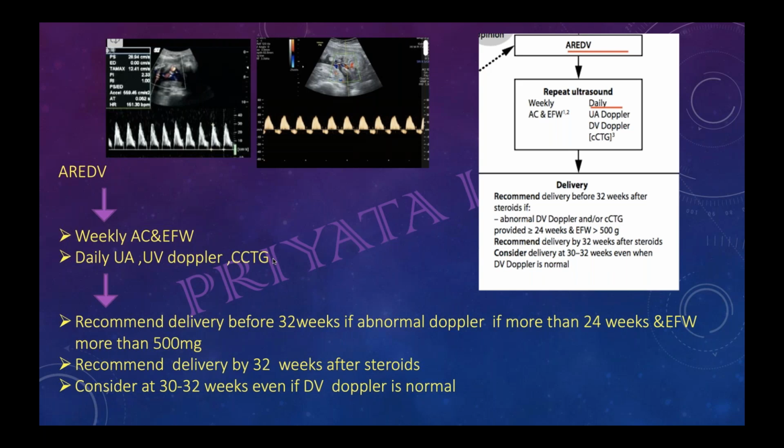So you have to recommend delivery by 32 weeks, before 32 weeks, after steroids. But if you are doing a scan and you find there have been abnormal changes in the ductus venosus Doppler, that means something is going to go wrong very early.